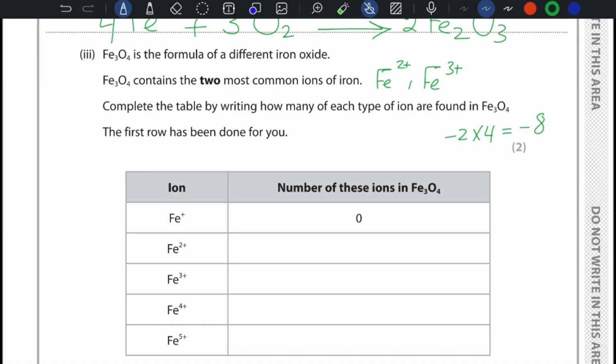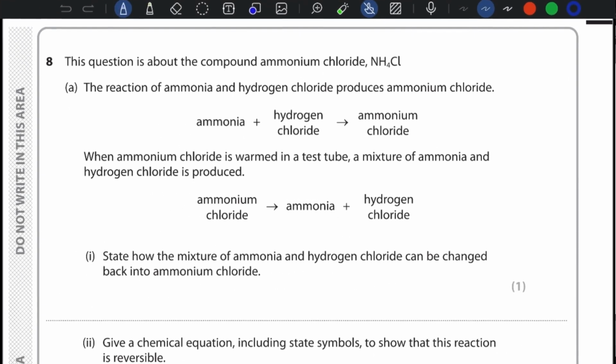And we have 2 and 3. If we use 2 from iron 2, it will give 2 multiplied by 2 equals 4, plus 3 equals 7. But we want 8. So plus 2, only 1, and plus 3, we will use 2 of them. So Fe positive 2, only 1. Fe positive 3, we'll use 2 of them, and no 4 or 5. That's for question 7. Question 8.